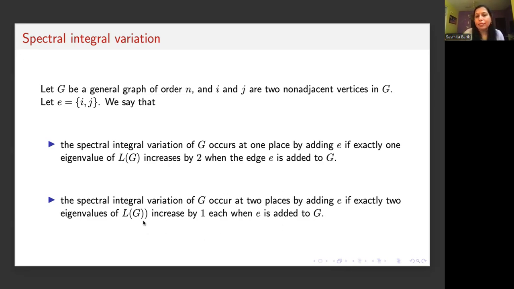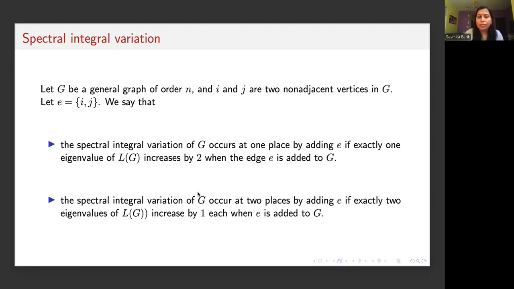You can see his paper and find out how the characterization has been done.